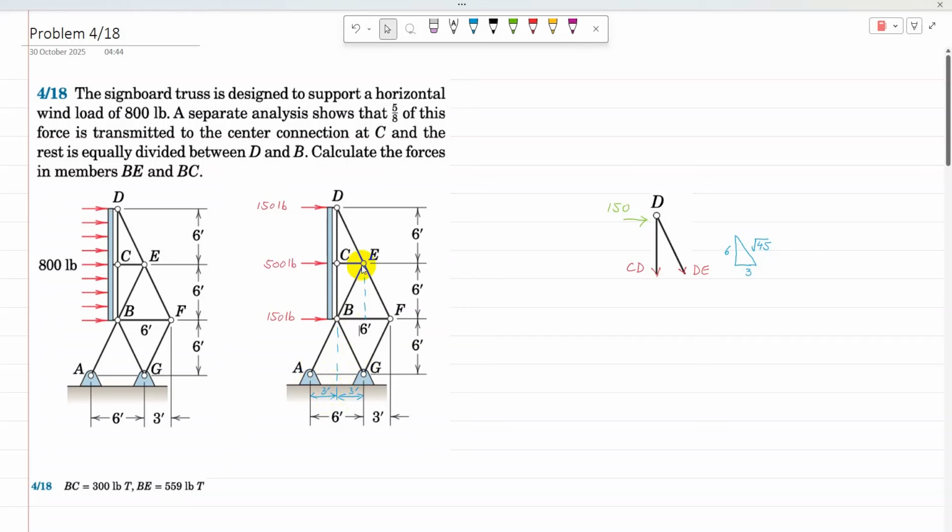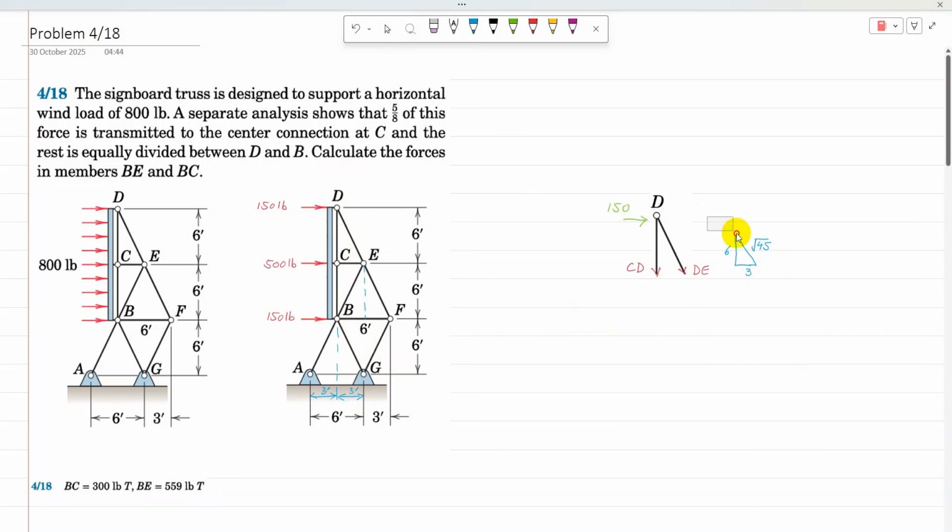Similarly, EBF is also an equilateral triangle, and if I draw a perpendicular from E on BF, then the horizontal distance from B to G is 3. So this DCE triangle has a vertical side of 6 and a horizontal side CE of 3 foot.